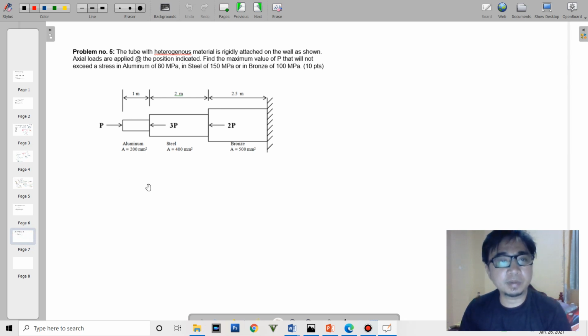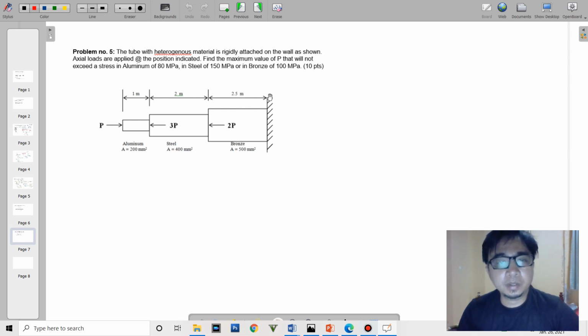And then problem number 5 also will be your seat work today. So for problem number 5, we can see here that this is rigidly attached to a certain wall. So all you need is to determine the stresses in each of these sections. So you can use here section method in order to determine the actual forces on aluminum, on the steel, and on the bronze.